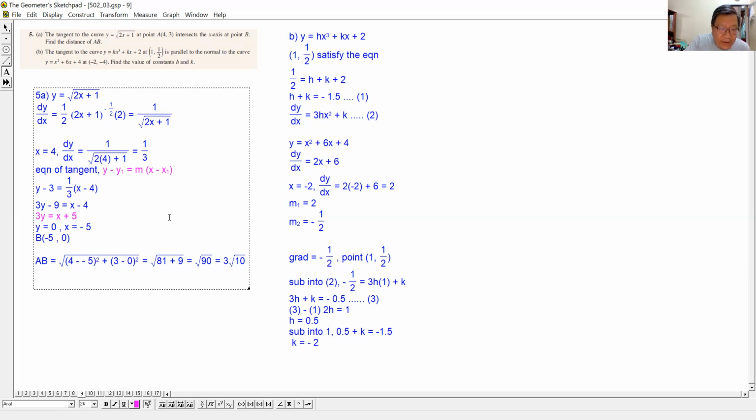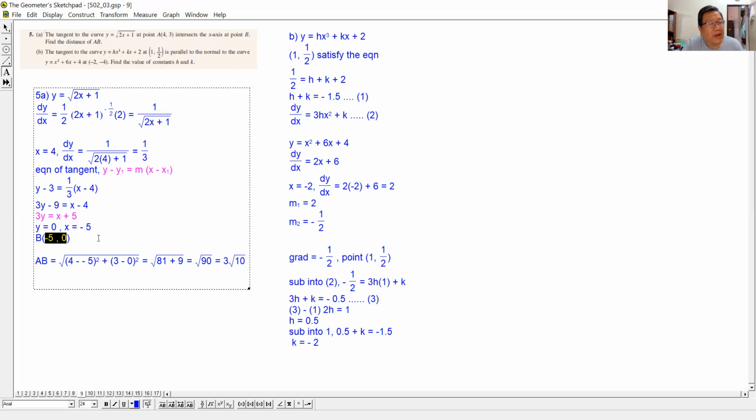On the x-axis, the y coordinate is 0. On the y-axis, the x coordinate is 0. So I'm substituting y equals 0 here. I get x equals -5. So the point B must be -5, 0.